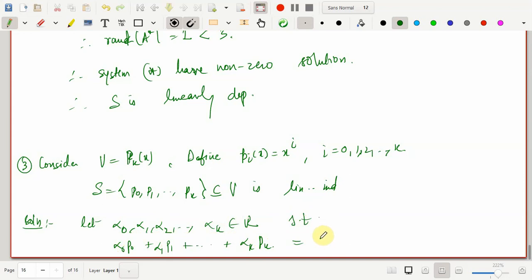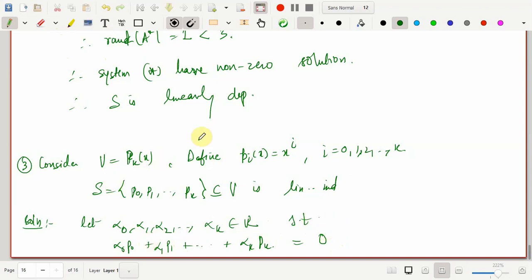The zero polynomial is the zero function, which means that for every x, 0 of x is equal to 0. So if I evaluate this at every point x, this will also hold.